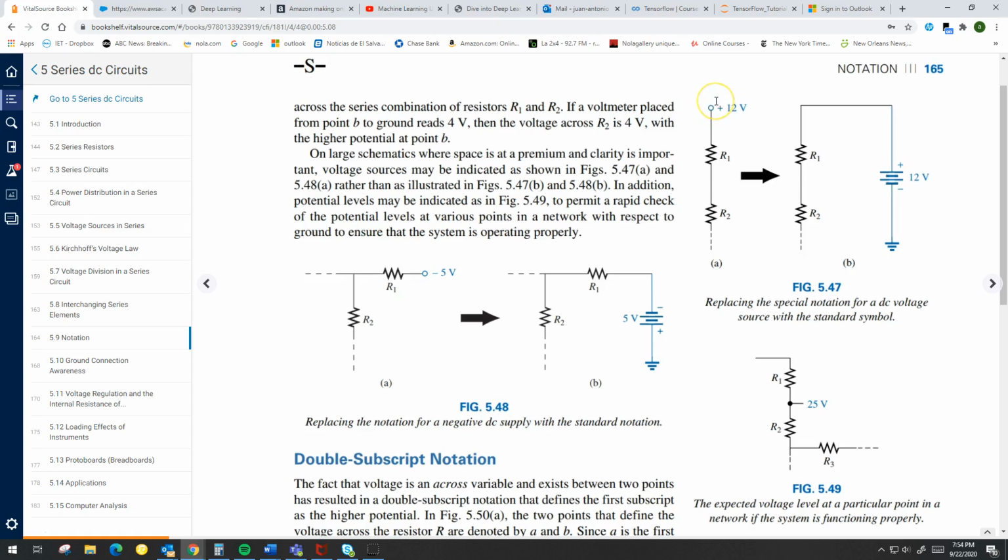And in this case, what this represents is simply that R1 and R2 are directly connected to that source, see? It's just a shorthand representation of sources. So again, make sure you understand that this drawing of this battery here and this drawing of this battery here are the exact same thing.